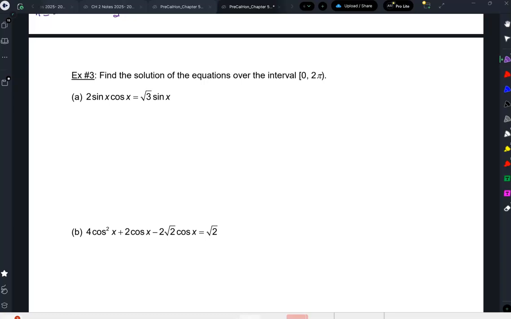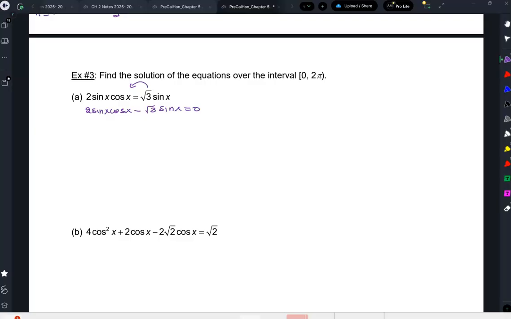Whenever you have multiple trig functions, bring everything to the same side and set it equal to 0. So let's bring this to this side: 2 sine x cosine x minus root 3 sine x is equal to 0.